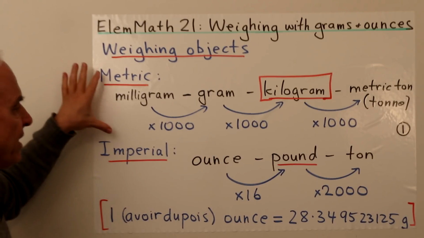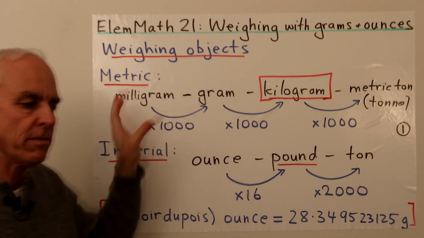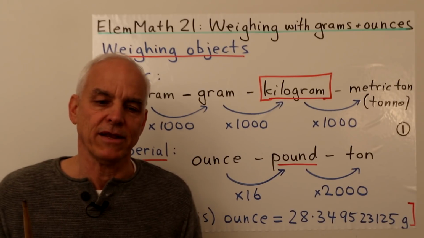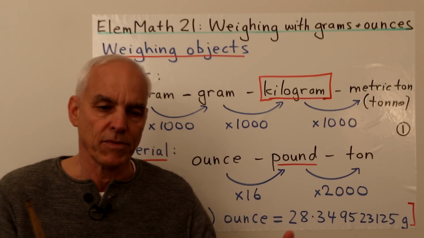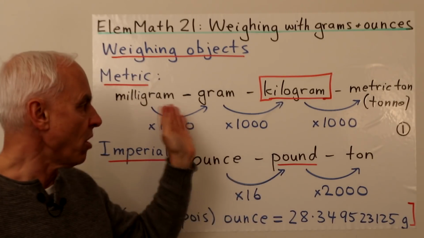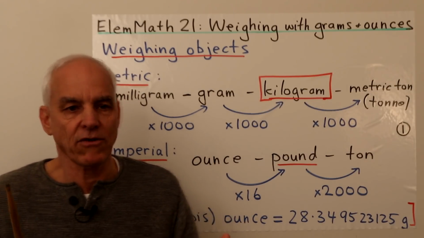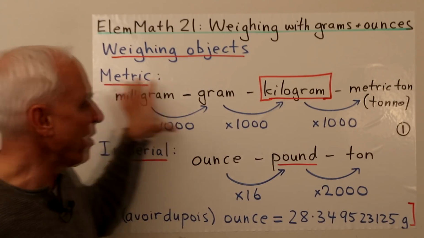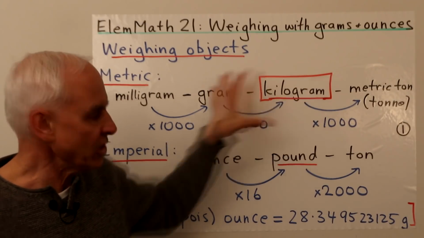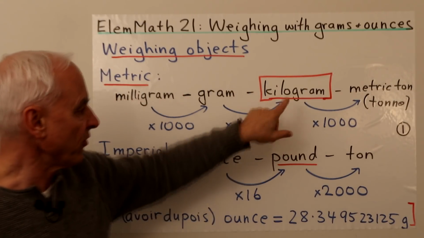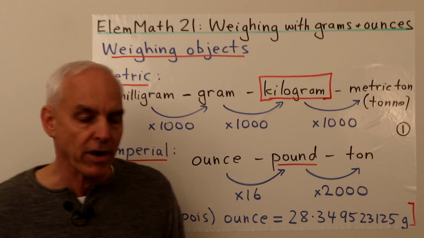Now, the metric system is by far the most important because it's what's used in the scientific world. So in science, we almost universally use this system. And in fact, the units themselves are calibrated much more carefully in this system. There's a lot of international focus, especially on defining the kilogram.